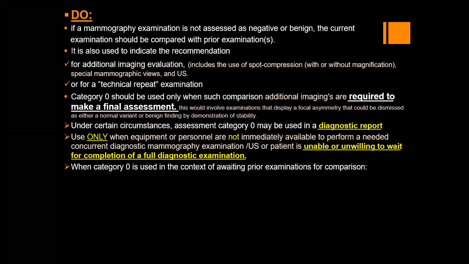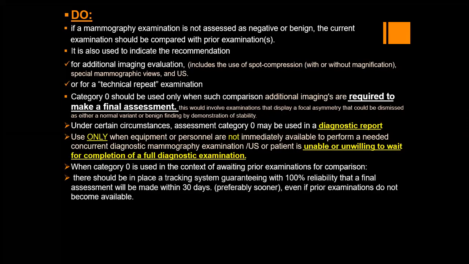Okay. When category 0 is used in the context of awaiting prior examination for comparison, there should be a tracking system in place ensuring, with 100% reliability, that the final assessment will be made within 30 days, preferably sooner, even if the examinations do not become available.